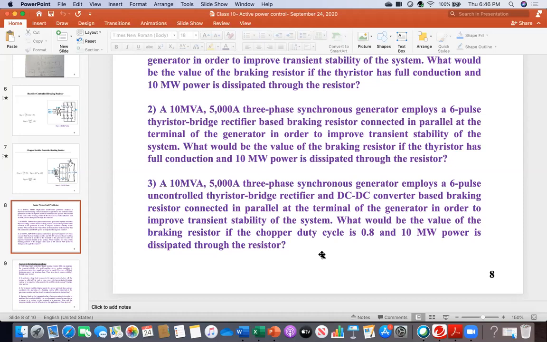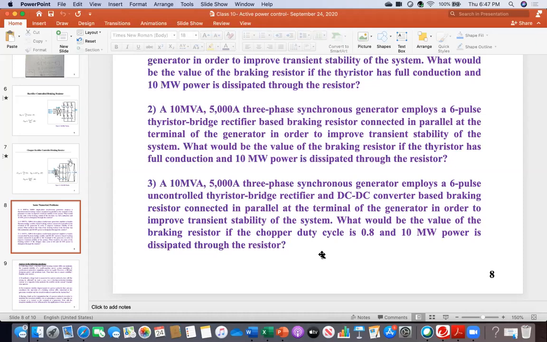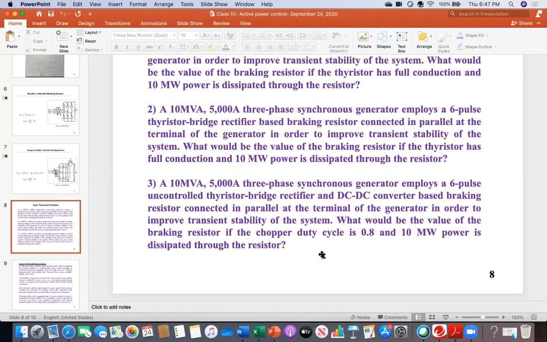The first problem has 0.4, the second problem 0.24, and in the third problem, it is 0.1556. Is everybody doing number 3? Yes, Dr. Ali.